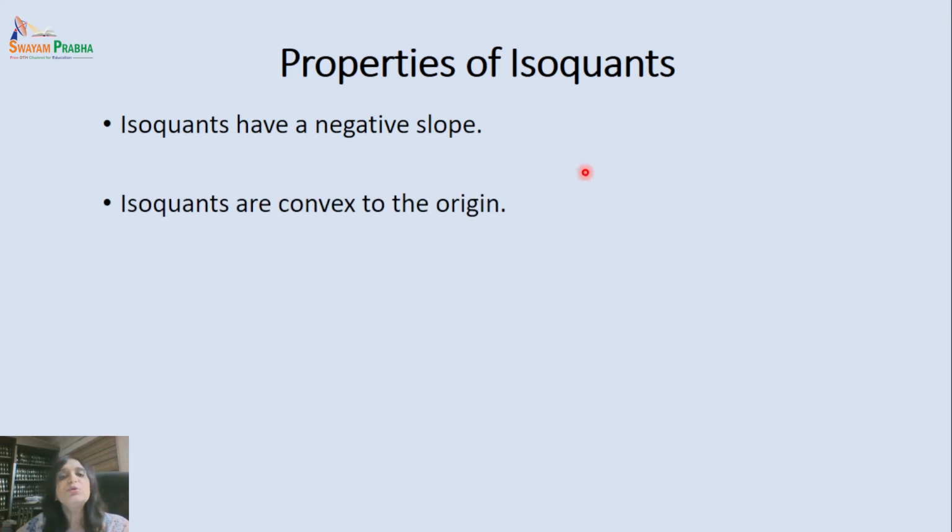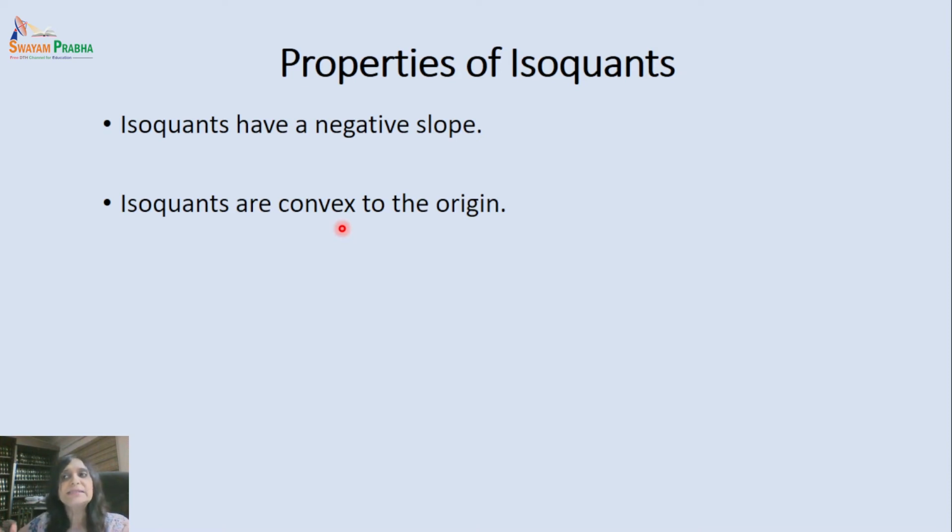Second, isoquants are convex to the origin. This convexity happens because of your diminishing MRTS. We have just seen that the marginal rate of technical substitution is the rate at which you are substituting one input for the other input. They become convex because these two inputs, labor and capital, are not perfect substitutes to each other.